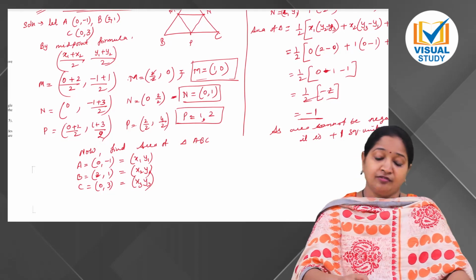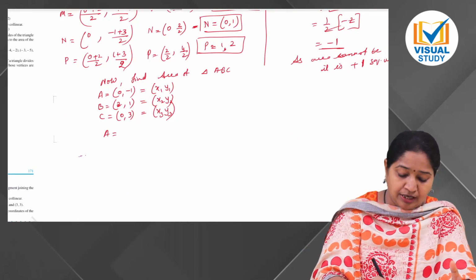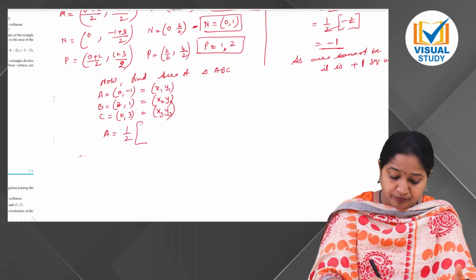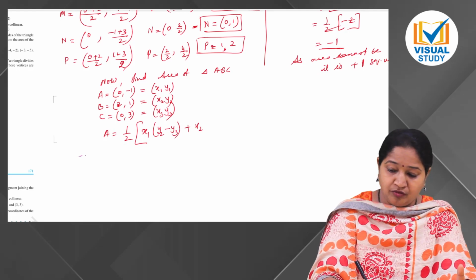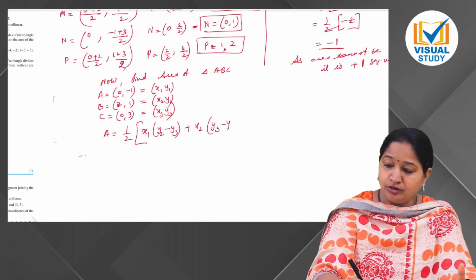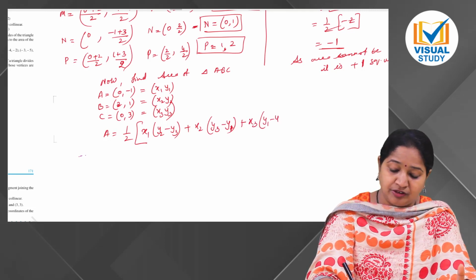Now find the area of the triangle. Area is equal to half into x1 times (y2 minus y3) plus x2 times (y3 minus y1) plus x3 times (y1 minus y2).